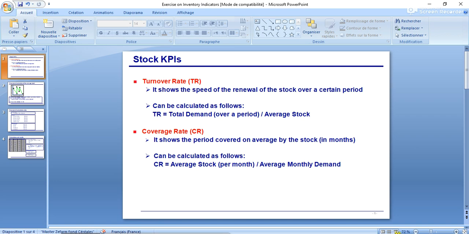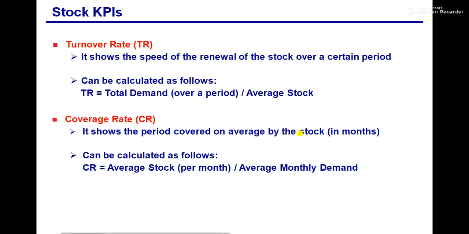So these couple of indicators are known as efficiency ratios. They are used to examine the efficiency of inventory management. The turnover rate tells us how often the company has to restock over a defined period of time.